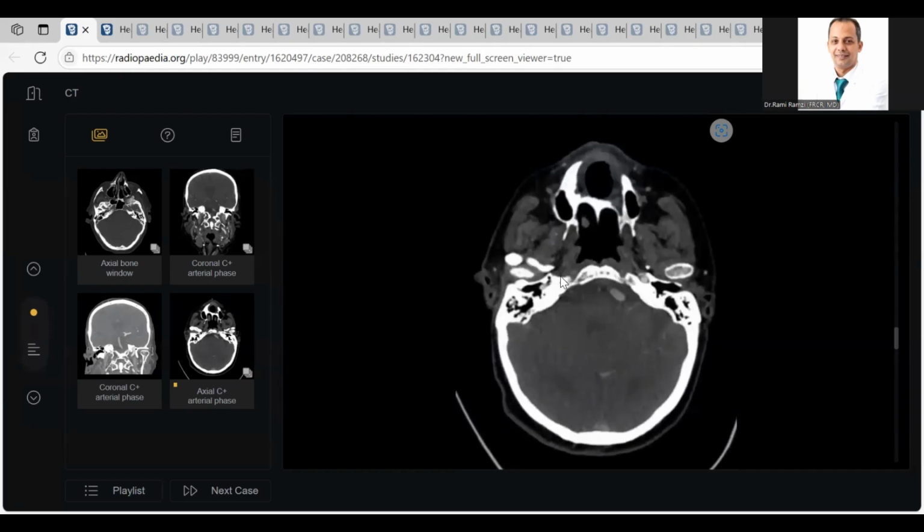There is absence of the bony part here. The lateral wall of the right carotid canal is dehiscent. So the internal carotid is projecting within the middle ear cavity, adjacent to the ossicular chain. So this is aberrant internal carotid artery in the middle ear.